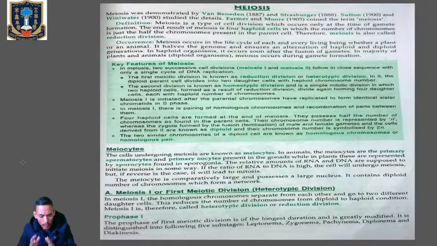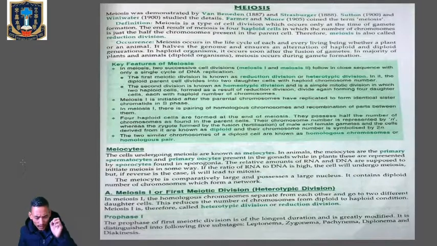Listen very carefully: meiosis 1 and meiosis 2, but there occurs only a single cycle of DNA replication. Clear? Note it down that meiosis involves two sequential cycles of nuclear and cell division, which are called meiosis 1 and meiosis 2, but it involves only a single cycle of DNA replication.